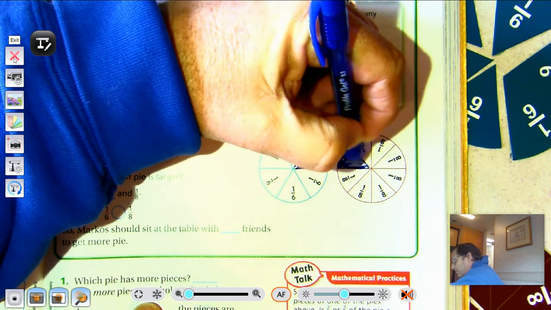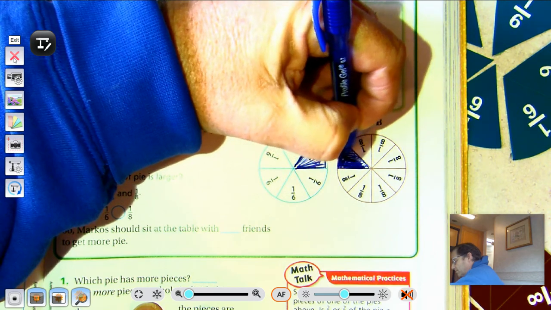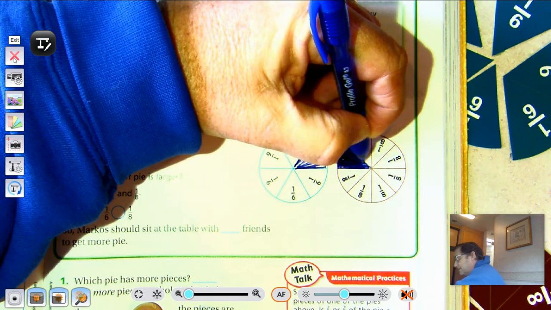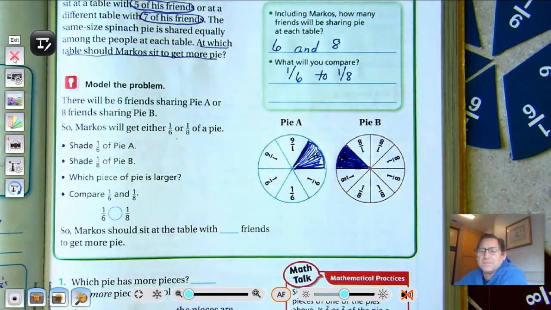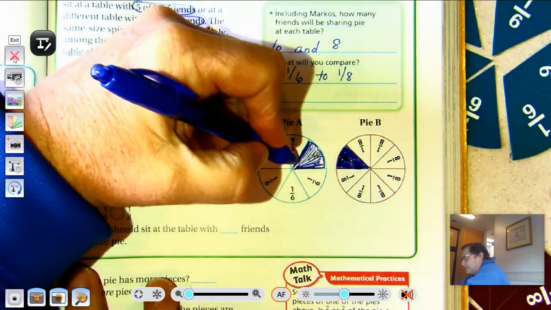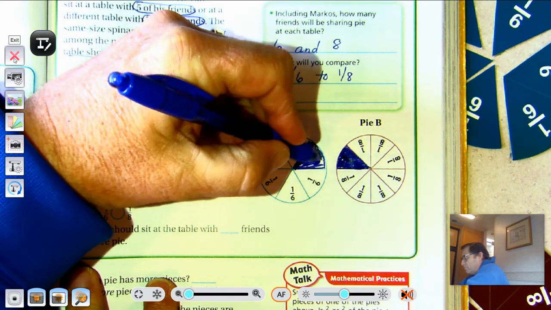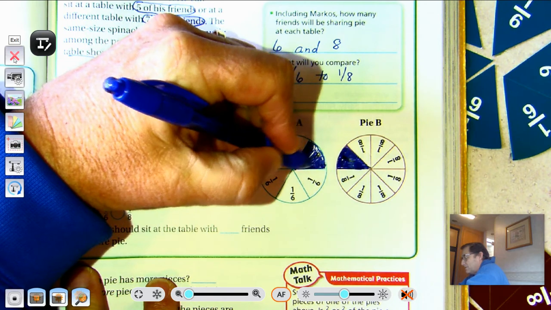But in one table, he has to share with more people. Well, if the size of the pie doesn't change, doesn't that imply that the one that you're sharing with more people has to have smaller pieces?